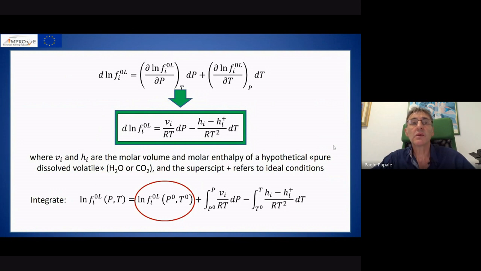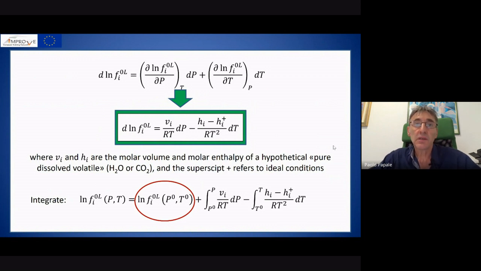We said it's convenient to refer to a hypothetical state and compute the changes from that hypothetical state. But the fugacity for the hypothetical state also depends on pressure and temperature. Therefore, there is nothing strange in computing it in terms of deviations from the fugacity value at one other state where pressure and temperature are fixed.